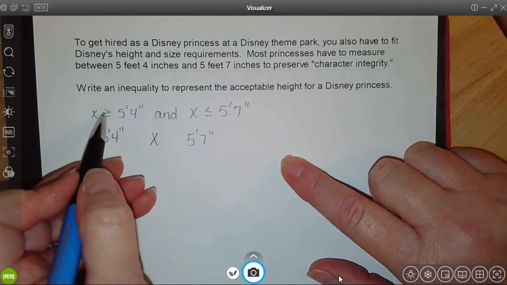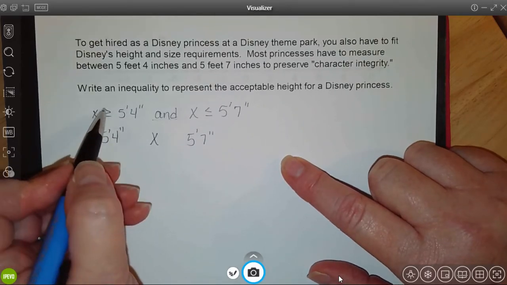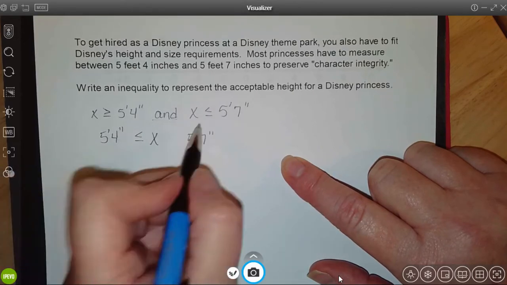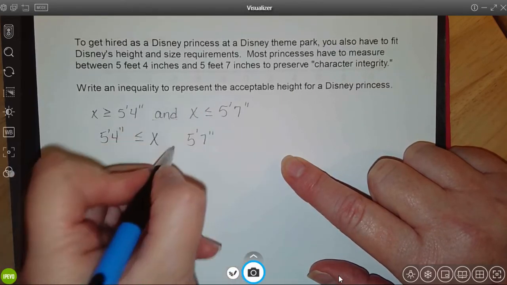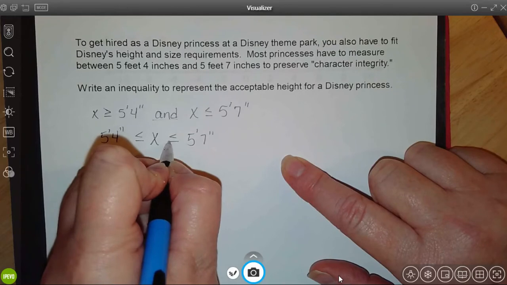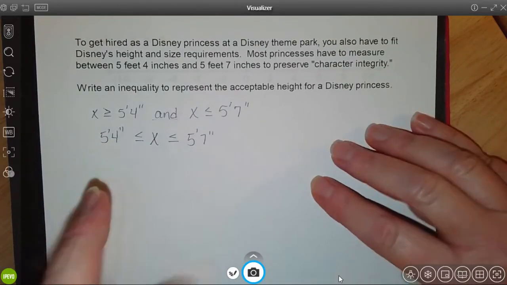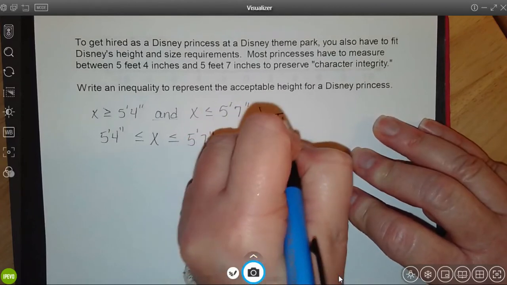And I keep my inequalities doing the same thing to X. So this is open to X with 5 foot 4, and it is not open to X with 5 foot 7. So this is what I could write for my inequality notation. This is an inequality.